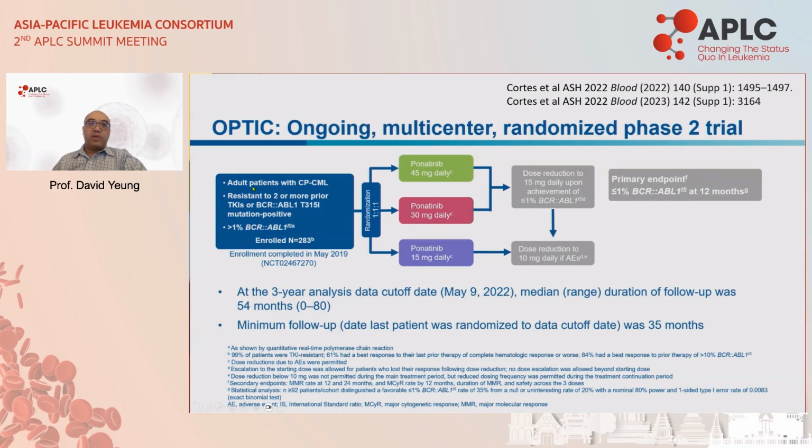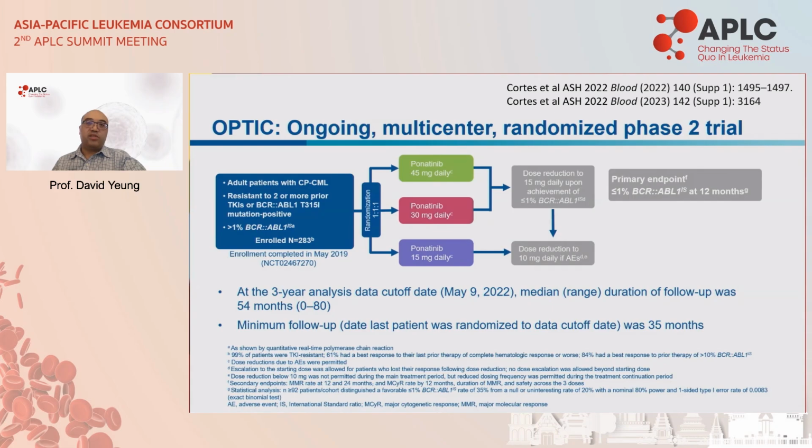Patients in the third-line setting in this study were randomized between ponatinib 45 milligrams versus 30 versus 15, because we know that ponatinib is a very good drug, a very potent BCR-ABL inhibitor, but there is, at least in the PACE study, an association with cardiovascular events and peripheral arterial occlusive events.